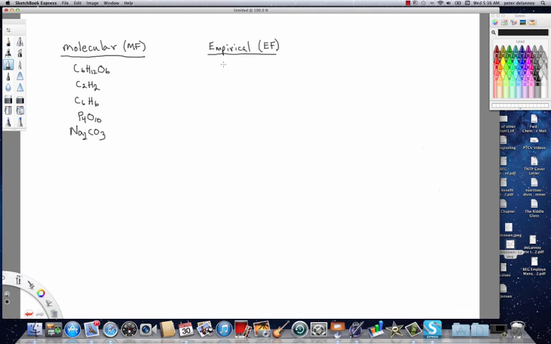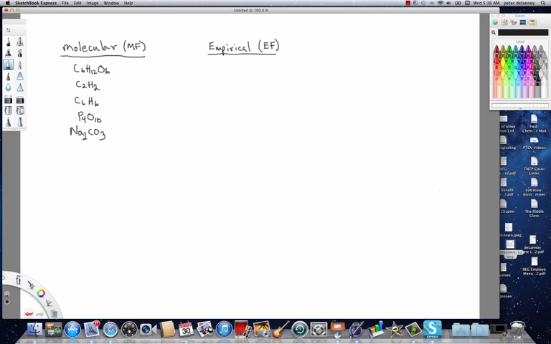Instead, it gives us the lowest whole number ratio of elements that are found in a given chemical compound. So it's like your bare bones basement assessment of the type and the literal ratio in which that element appears within a compound.